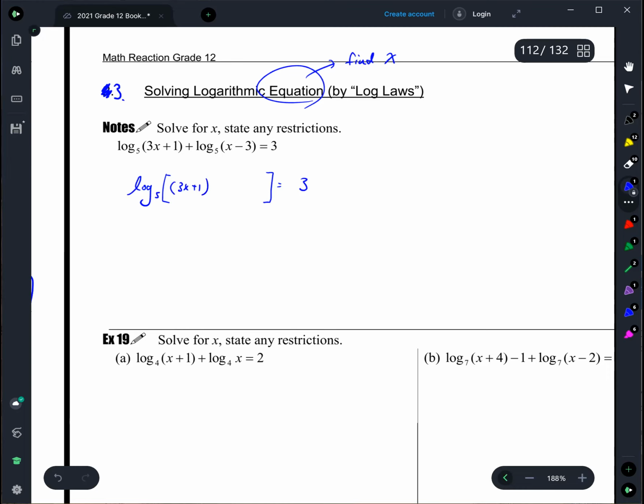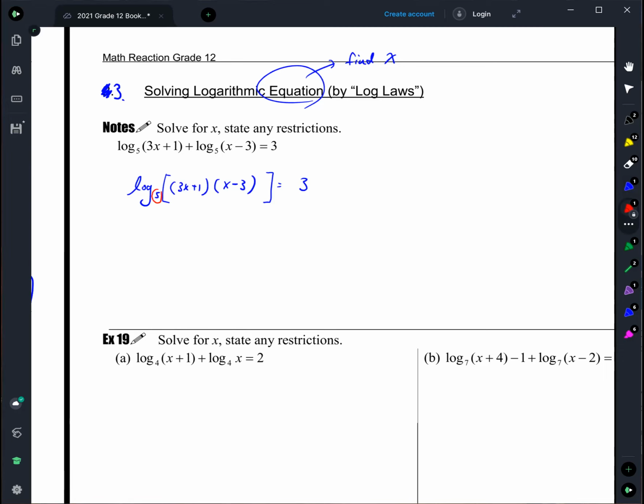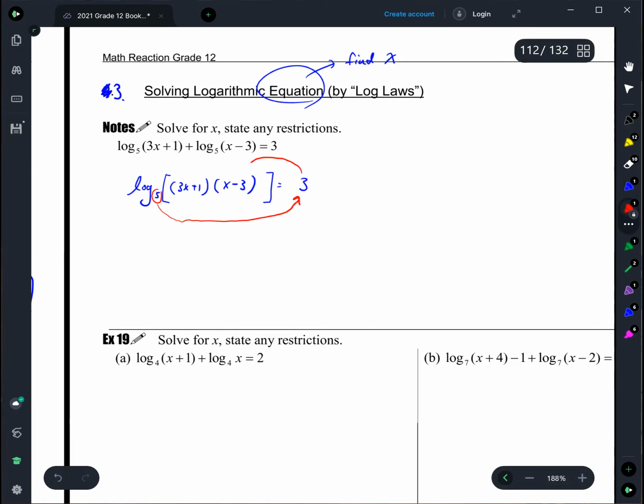Okay, very good. So using our first law for adding, we can turn it into multiplying on the inside. Once you get to this point, we can start using our counter clock. You can only do counter clock if it's one log. So 5 to the 3 should equal the inside.